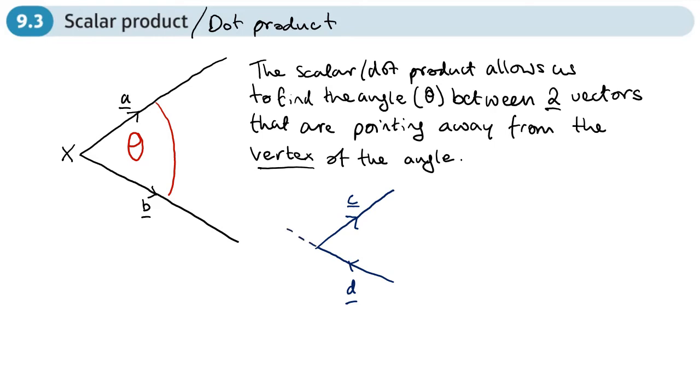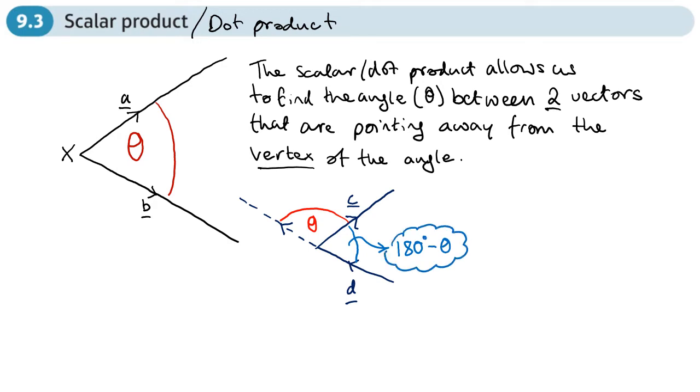So actually, the angle that I would be finding, if I carry D on, it points this way. The angle that I'd actually be finding is this one. Which actually means, seeing as this is a straight line, this would be 180 degrees minus theta.